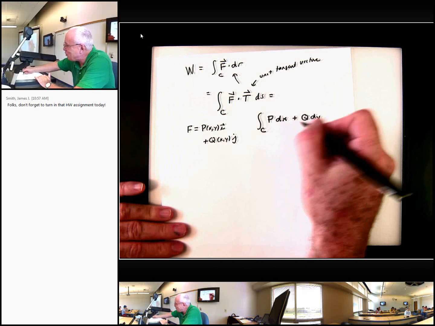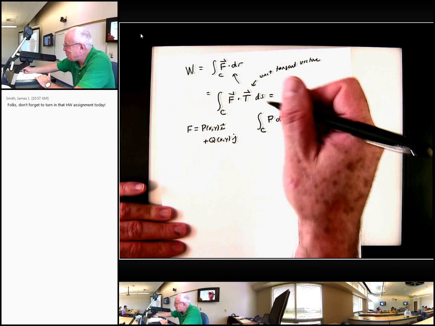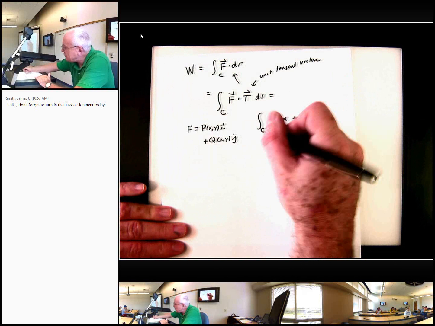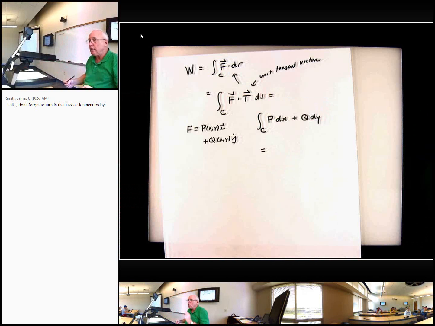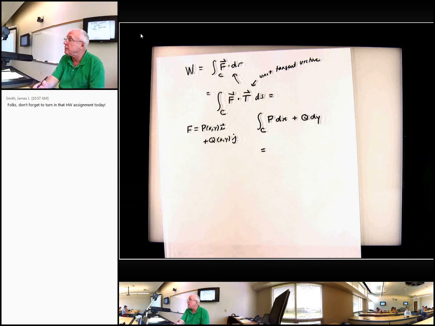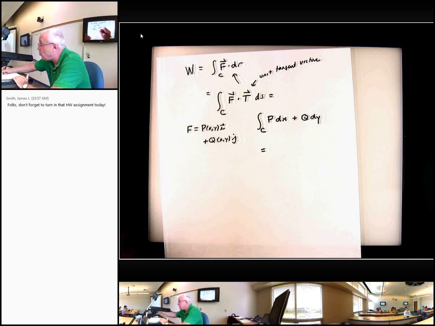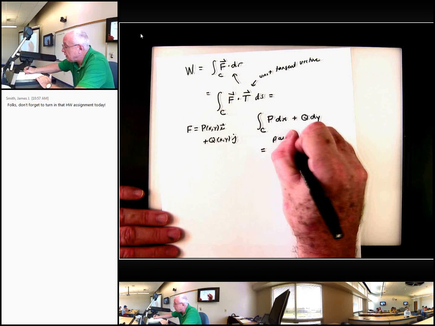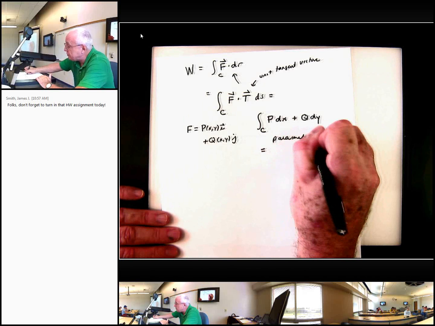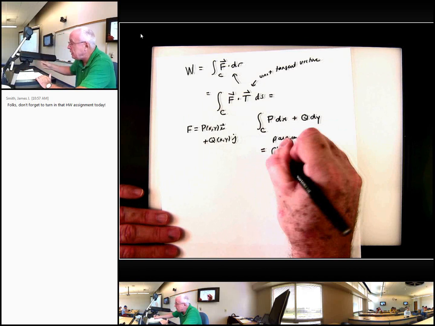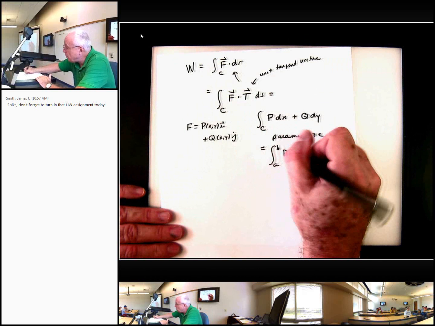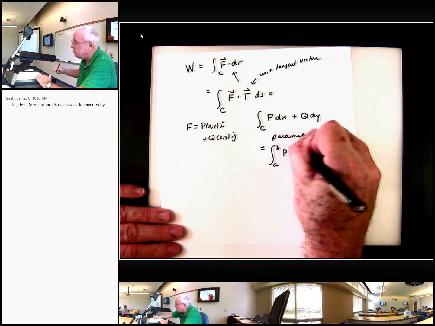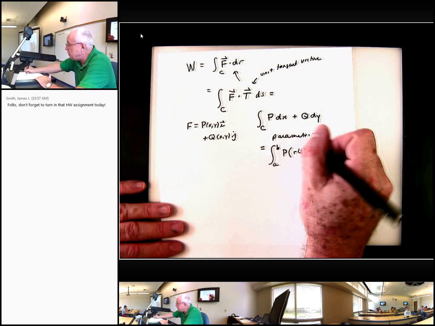And then we know that to determine what this is, if we don't have this nice fact that it is a conservative vector field, we then have to parameterize the curve. So we have from A to B, and then this is going to be P with our parameterization of our curve plugged into it, and then this is going to be what?